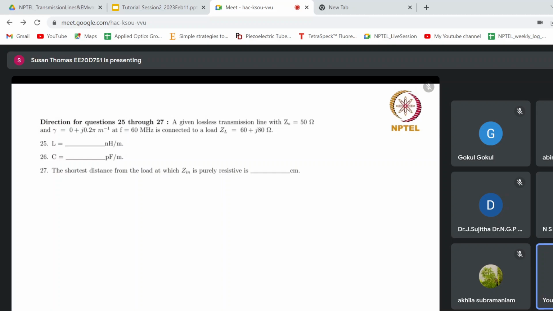Okay, now let's look at this question. It's a lossless transmission line with Z0 equal to 50 and gamma is also given. So gamma is 0 plus j0.2 pi. If you notice, alpha is 0. What is the implication of alpha is 0?